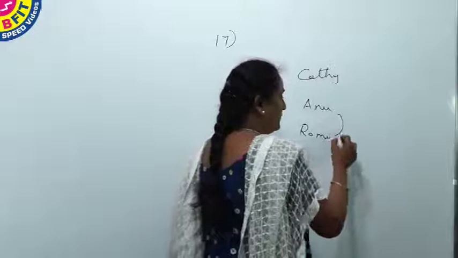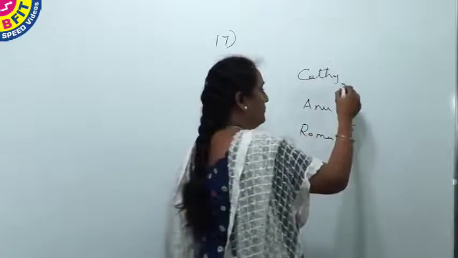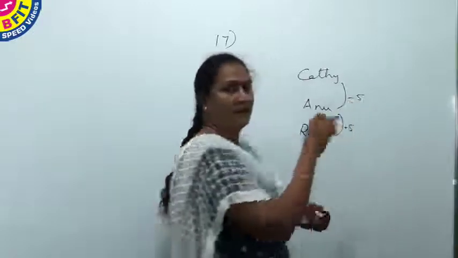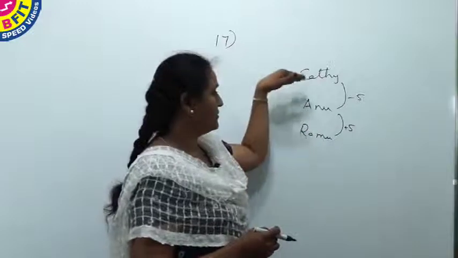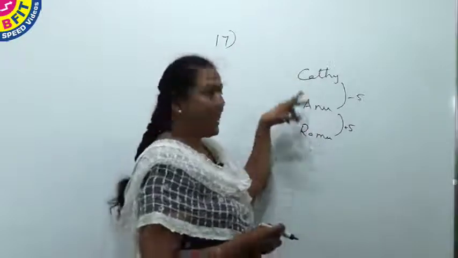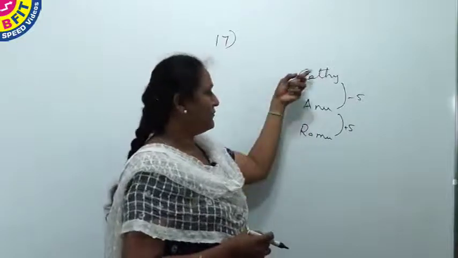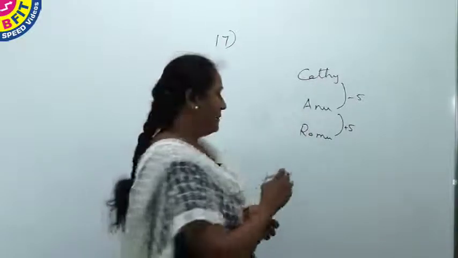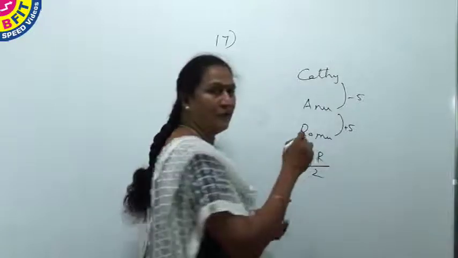Suppose Anu is 5 years elder than Ramu. She is 5 years younger than Kathy. So Anu's age is exactly in between the ages of Kathy and Ramu, that is the average age of Kathy and Ramu. The average age of Kathy and Ramu can be found by dividing the sum of their ages by 2.